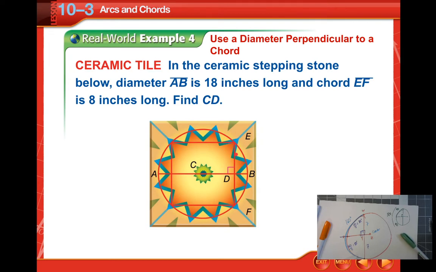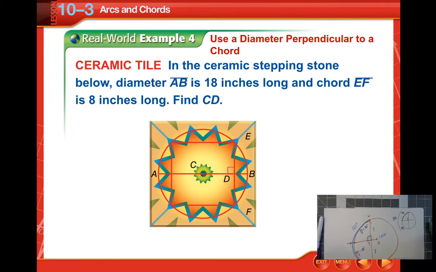Ceramic tile. In the ceramic stepping stone below, the diameter AB, cutting straight through, is 18 inches long, and chord EF is 8 inches long. Find CD. Okay. If you can't see it, there is a square in the circle.